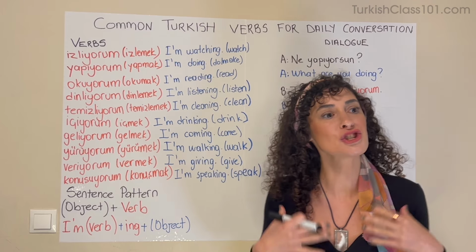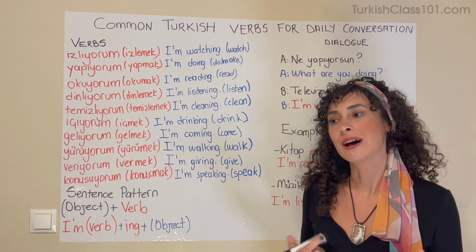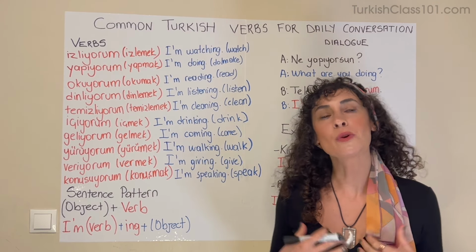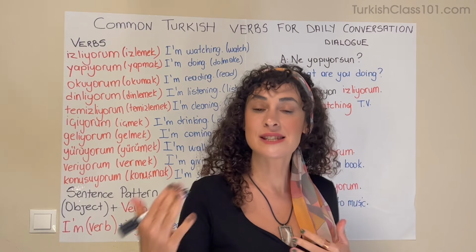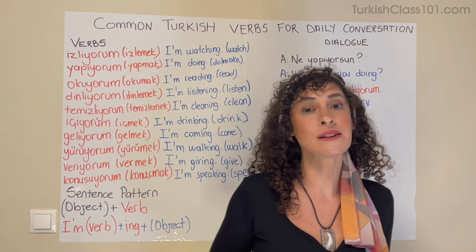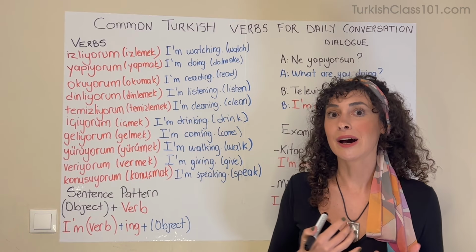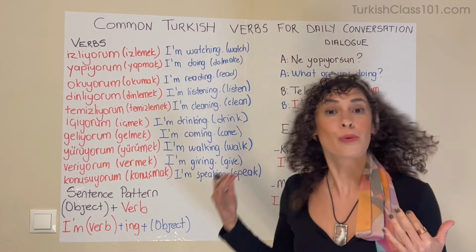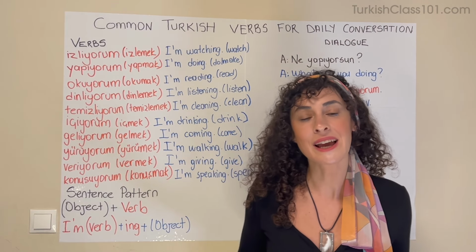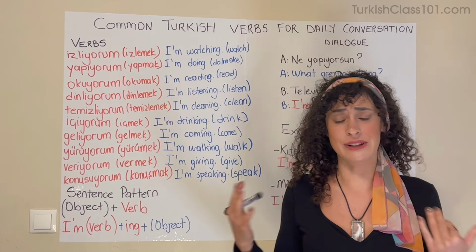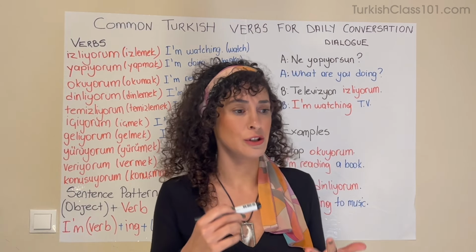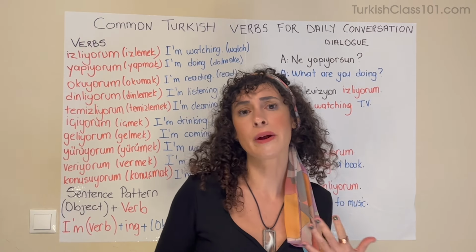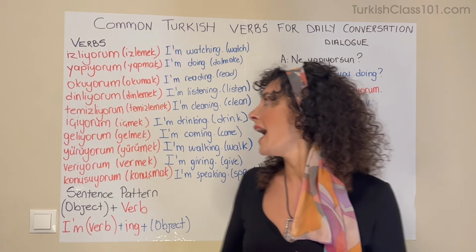This is how we show that we see you and we are interested in your life. We want to know what you are doing, and we can even ask about your kids, your spouses, your parents, your family.